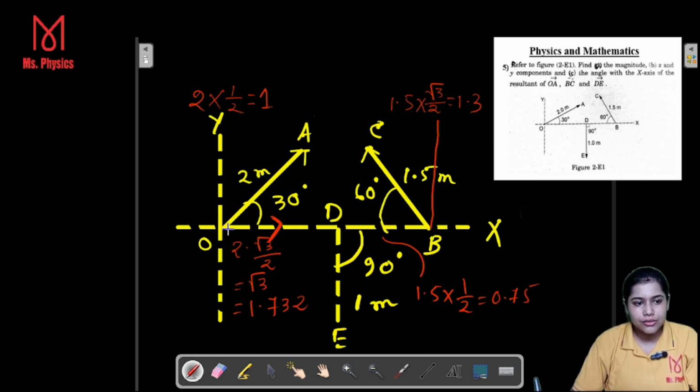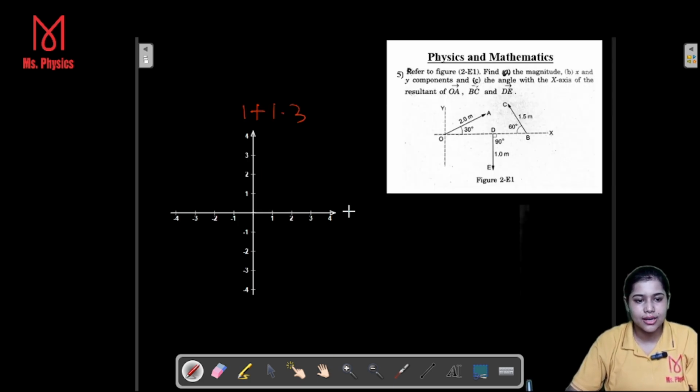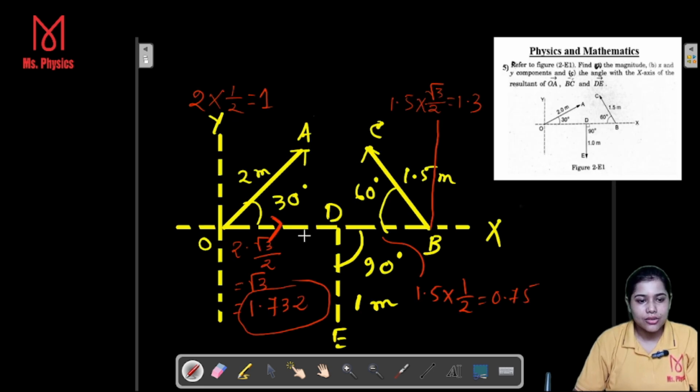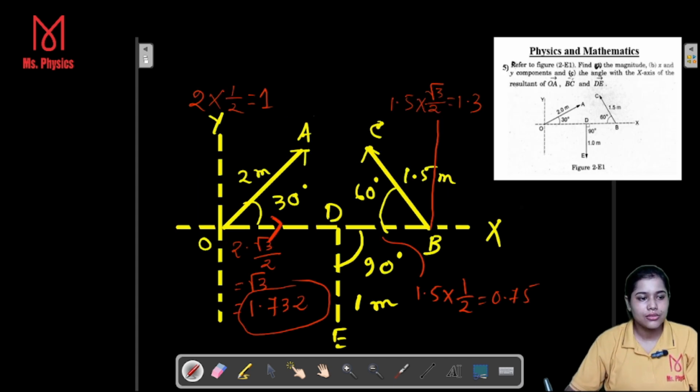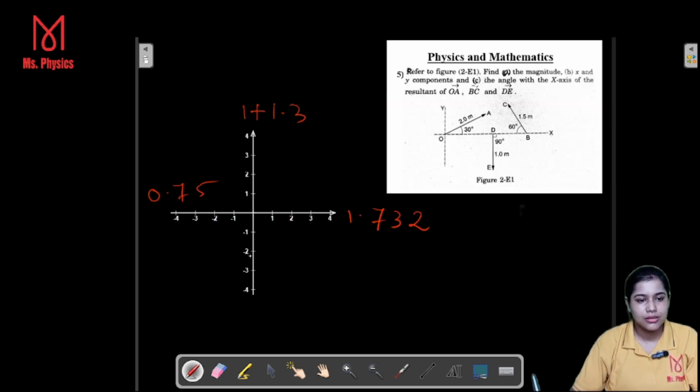Now along the positive x-axis you are getting 1.732, so you just write it down here. Clear? And along the negative x-axis you have 0.75, so you just write it down. And along the negative y-axis you have only 1, so you just write it down here.